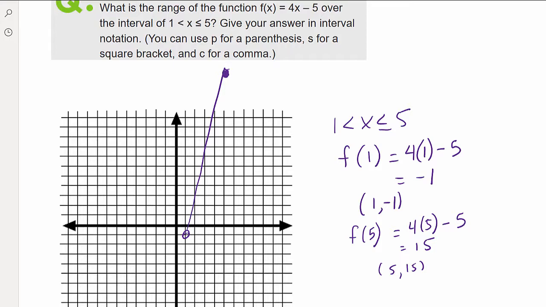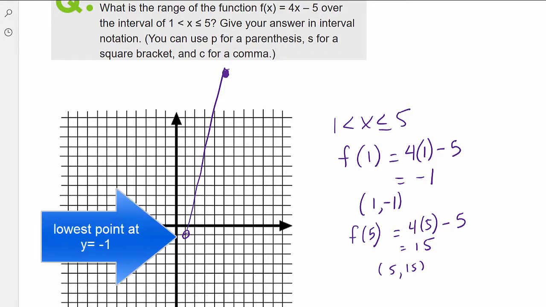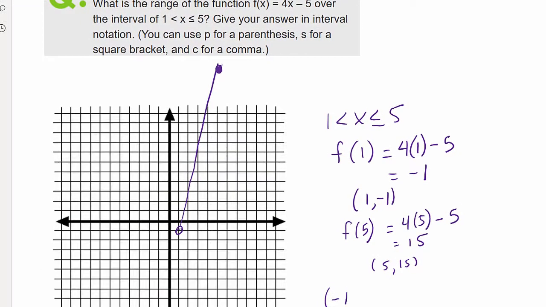And so now let's look at the range. Again, the range is going to be the y values or the output values. So we look at range by looking at the lowest point of the graph, which is happening right here at this endpoint, 1, negative 1. And so my lowest y value is negative 1. And I have to put that negative 1 in parentheses because I have an open circle there. I am not including that value, negative 1, in my range.